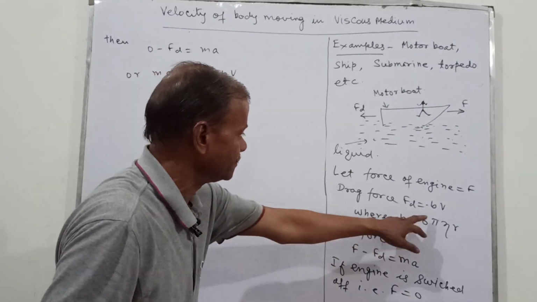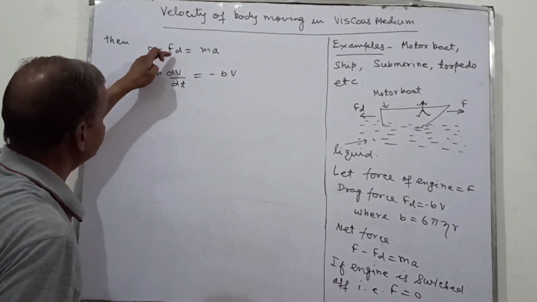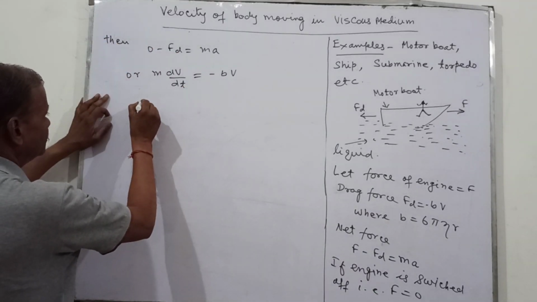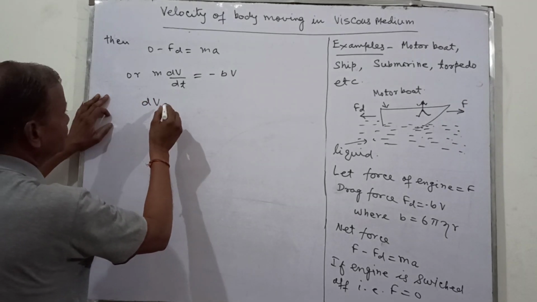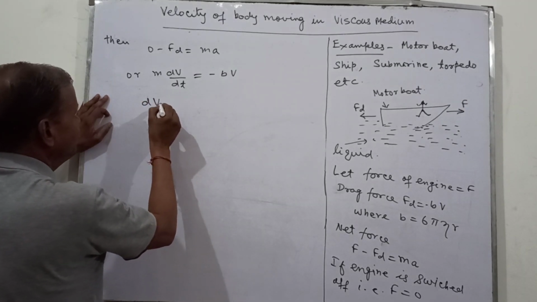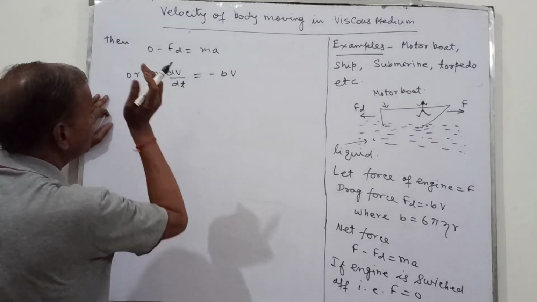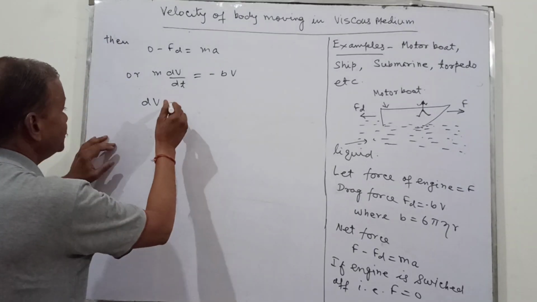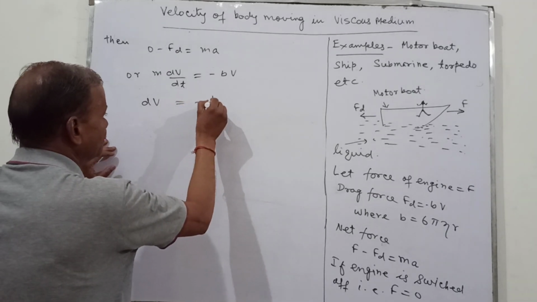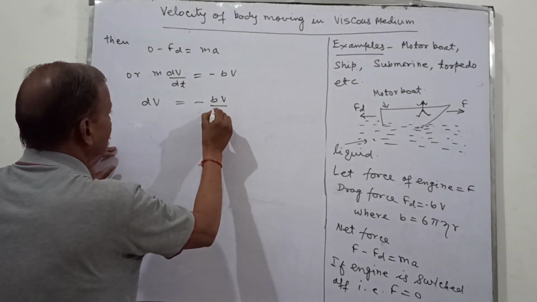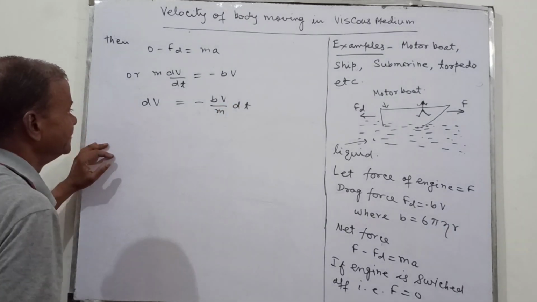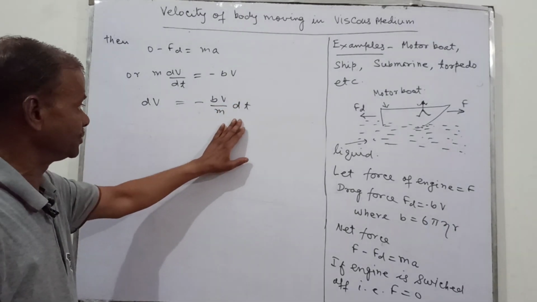So dv is equal to minus bv upon m into dt.